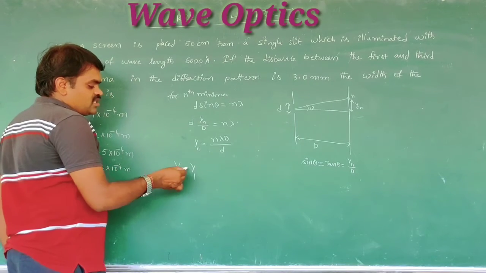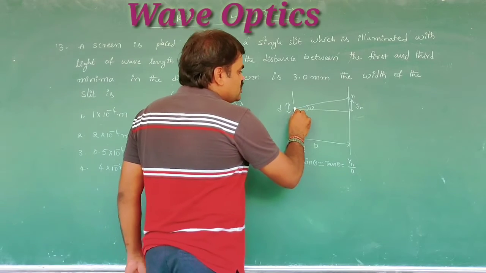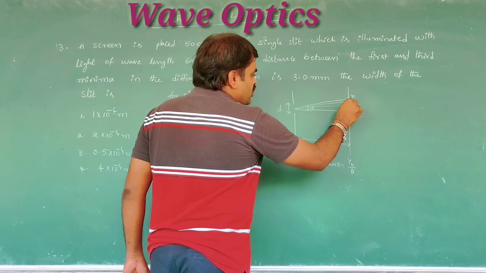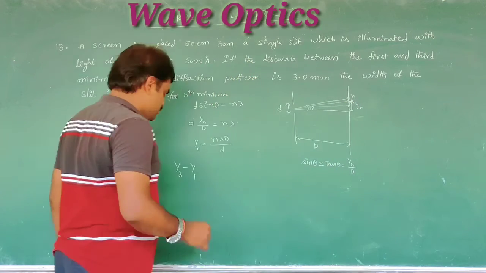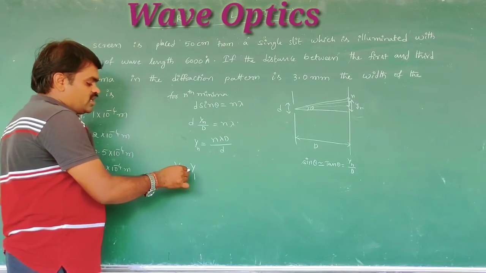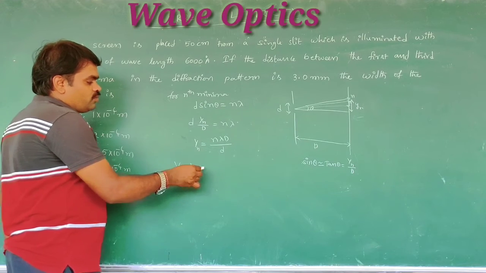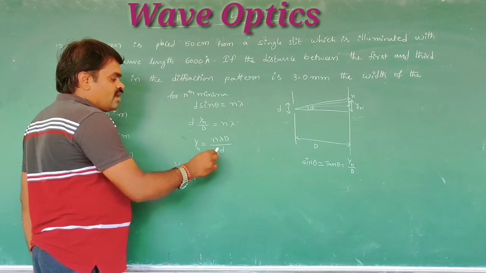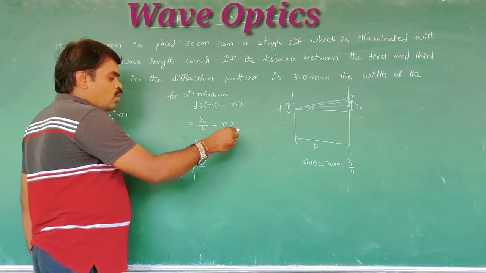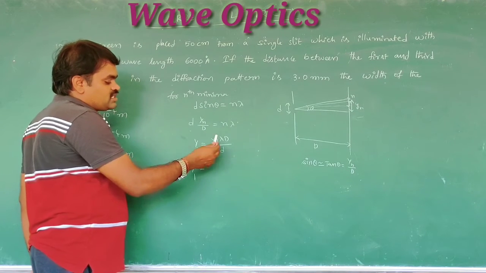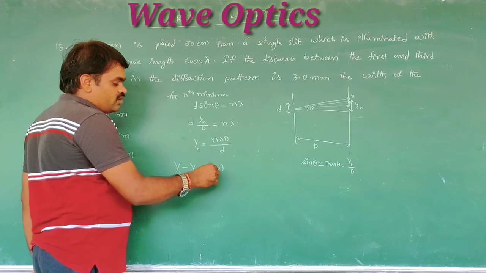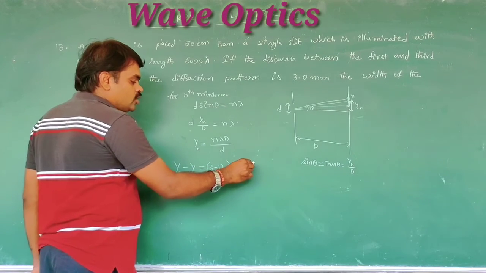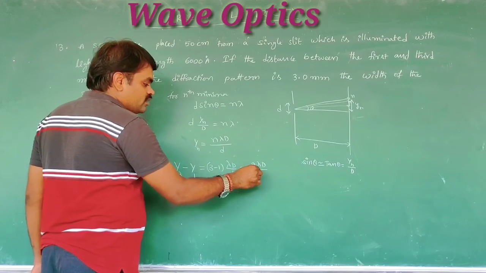Here this is the first minima, this is the third minima. The distance they gave is y3 minus y1. That means 3 lambda D by d minus 1 lambda D by d, which is 3 minus 1 times lambda D by d, where lambda D by d is the constant. Then we get 2 lambda D by d.